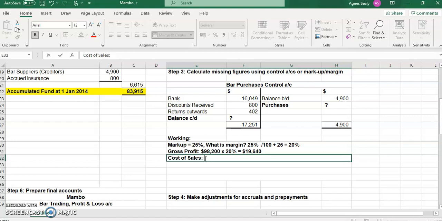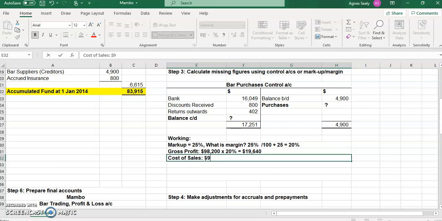So it stands to reason that if I subtract my gross profit from my sales, I should get my cost of goods sold.